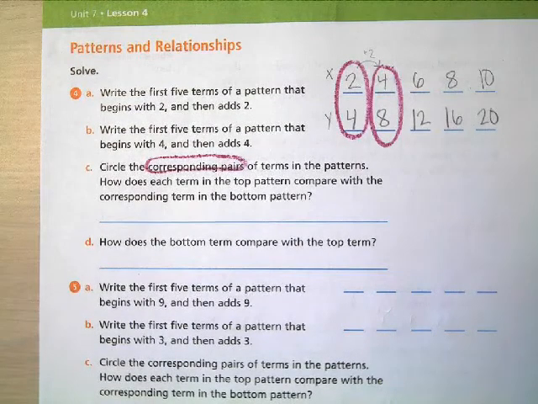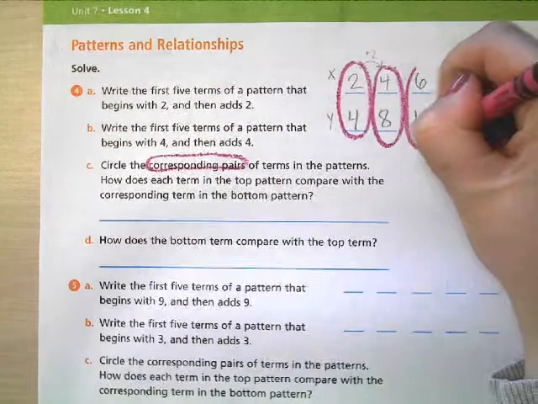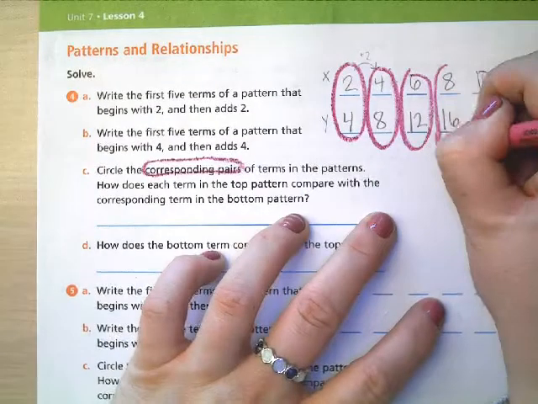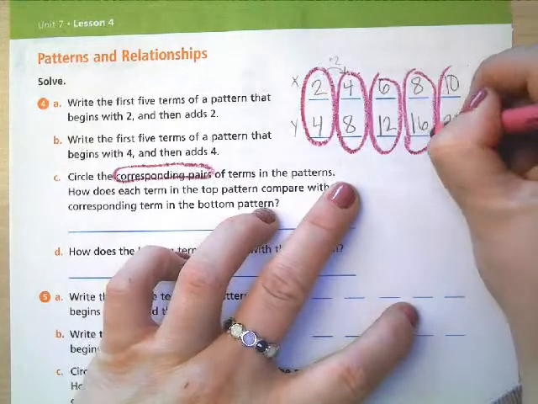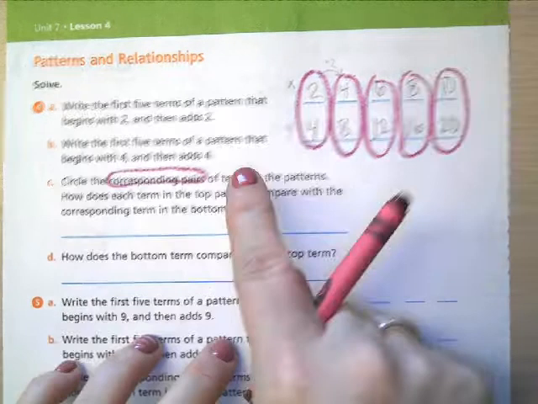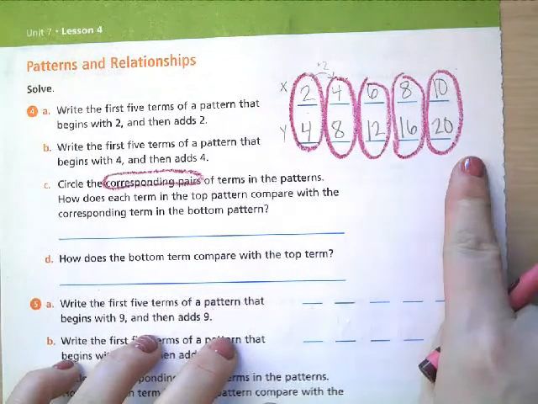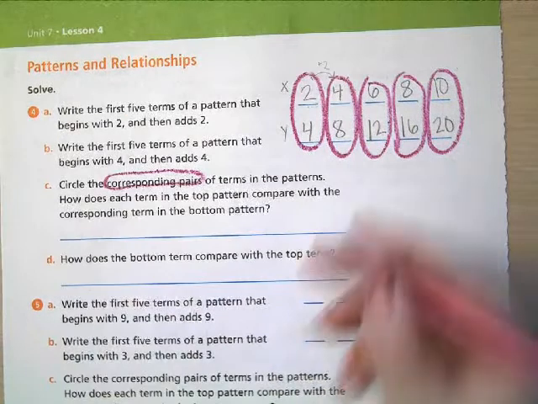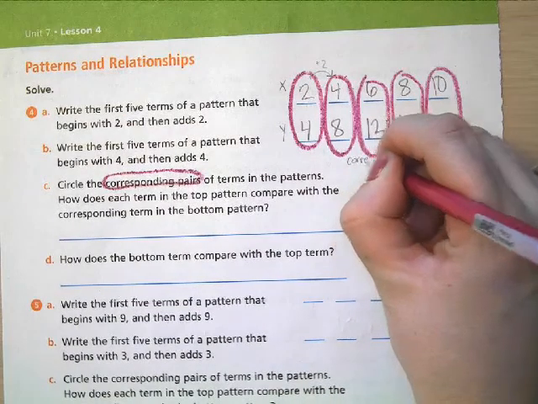The next set would be 4 and 8. What would the third set of corresponding pairs be? That's right, it'd be 6 and 12. Then the following would be 8 and 16, and then 10 and 20. So you're circling all of those, thinking about what is their relationship.